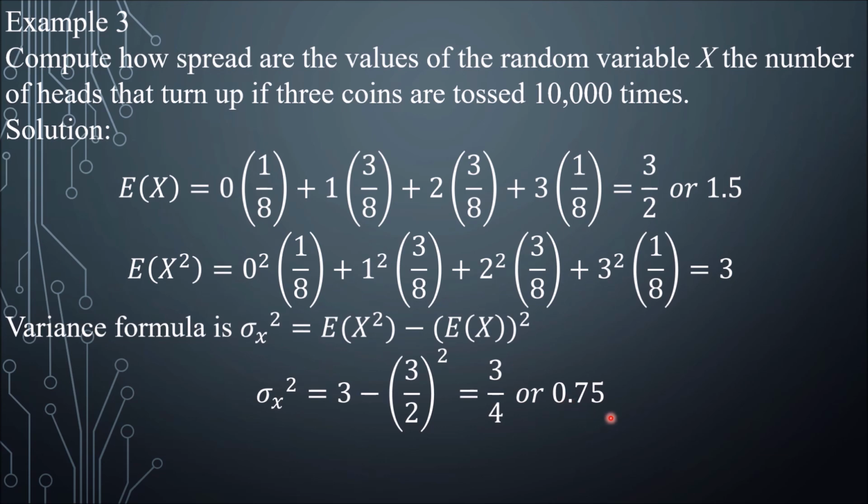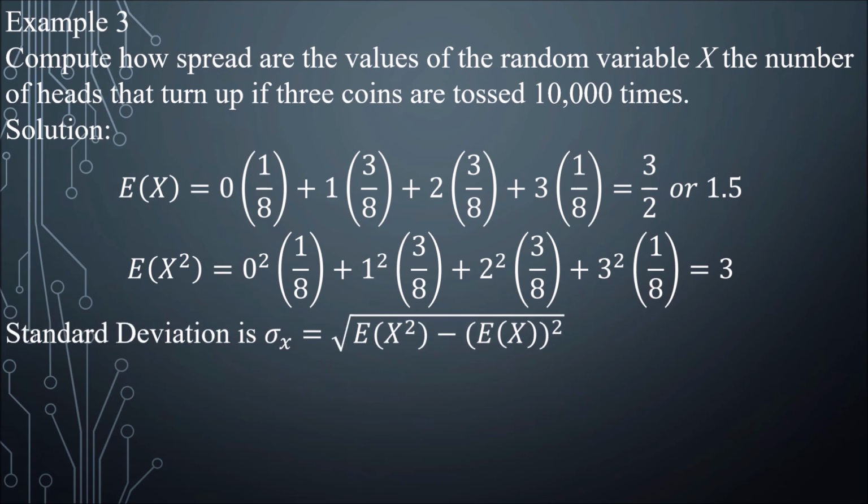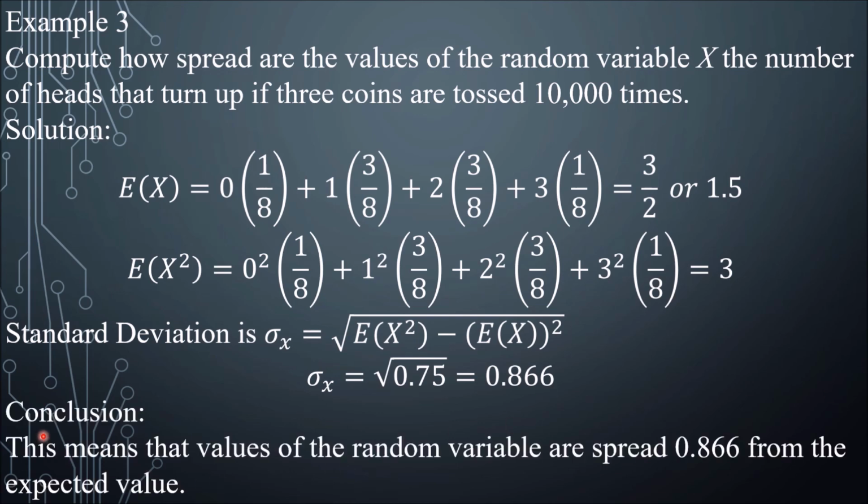That's the variance. Now for the standard deviation, the square root of 0.75, which is equal to 0.866. This means that the values of the random variable are spread 0.866 from the expected value.